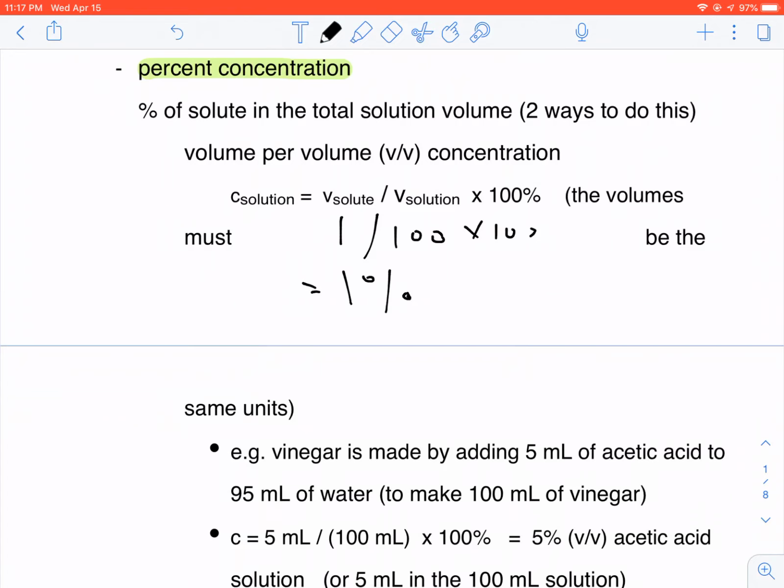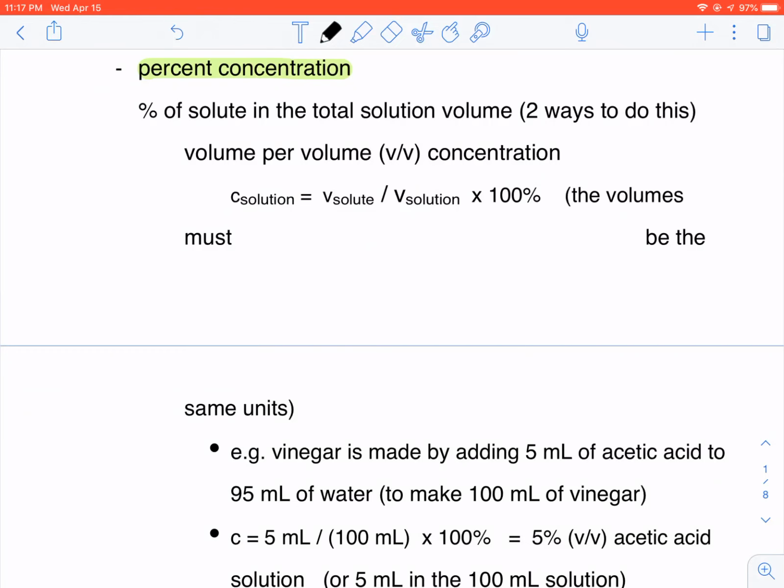If I've got, say, 4% milk, or 2% milk, 2% milk means that in 100 milliliters of milk, there are 2 milliliters of basically fat.